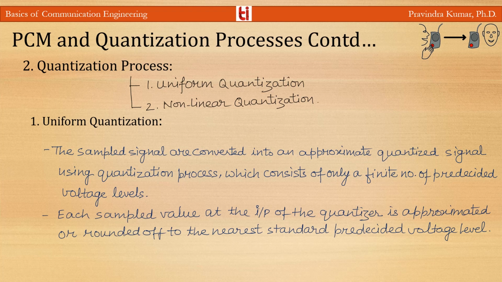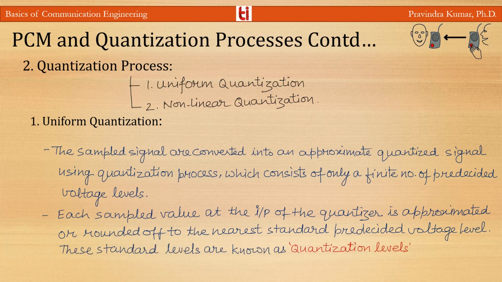The sampled signal in the PCM transmitter is applied to the quantizer block that converts the sampled signal into an approximate quantized signal, which consists only of a finite number of pre-decided voltage levels, and each sampled value at the input of the quantizer is approximated or rounded off to the nearest standard pre-decided voltage level.